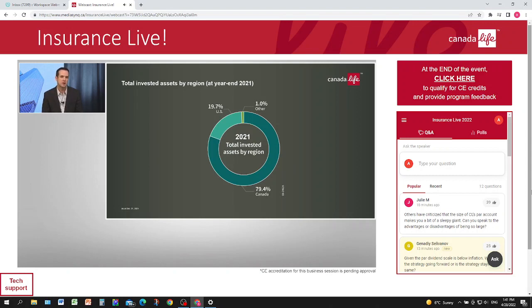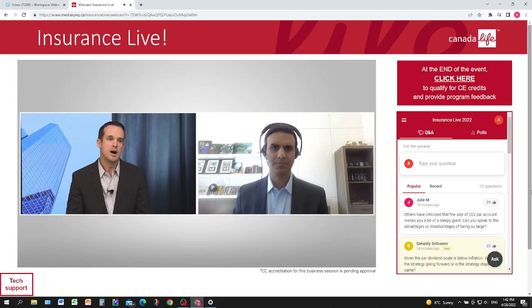So you can see on the slide here that our PAR account would have only about 1% of our assets outside of Canada or the US. Inside that 1%, those non-Canada, non-US assets are entirely focused on established G7 countries. So overall, we can confirm that the PAR account would have no direct exposure to Russia and Ukraine. But as you mentioned, it will certainly be very interesting to see how that plays out and what the peripheral impacts are.